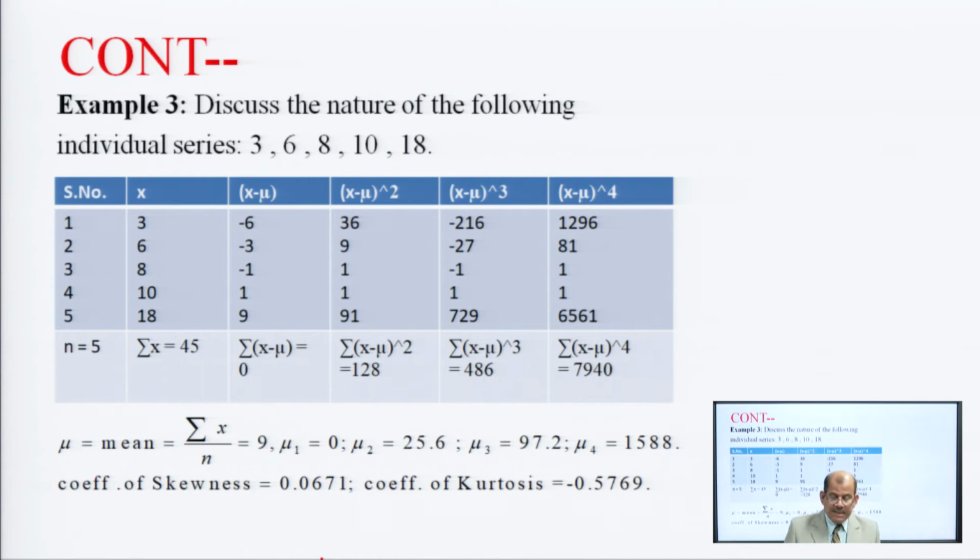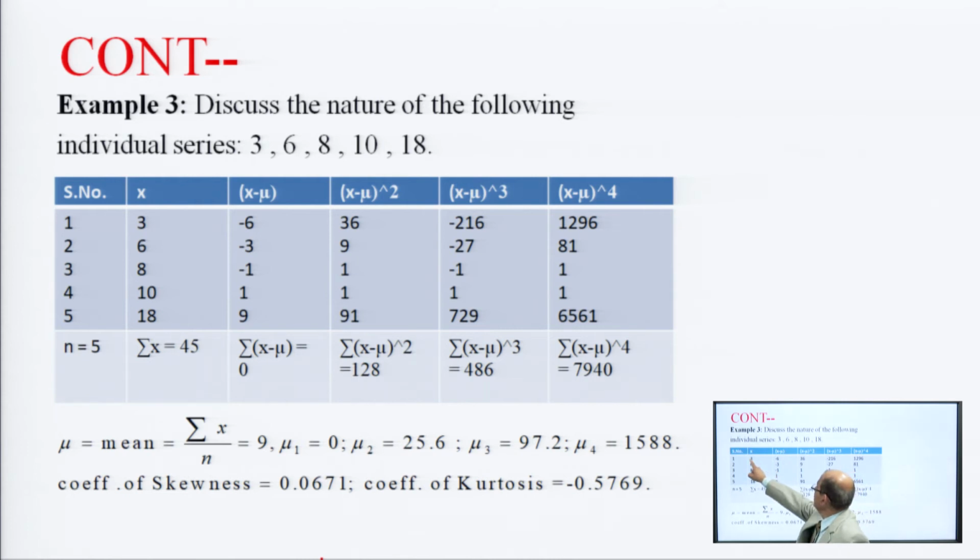First we take the mean of this, sum 45, divided by 5. Mean is 45 divided by 5, it is 9. The mean x bar, or mu, is equal to 9, and the first moment mu 1 is always 0.